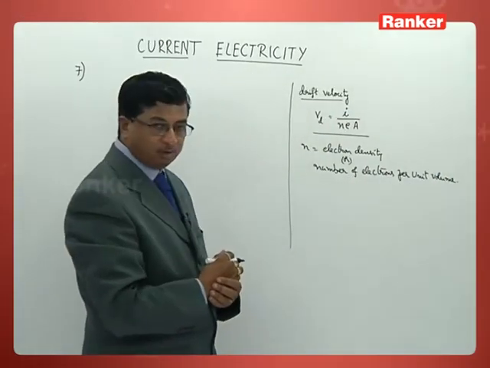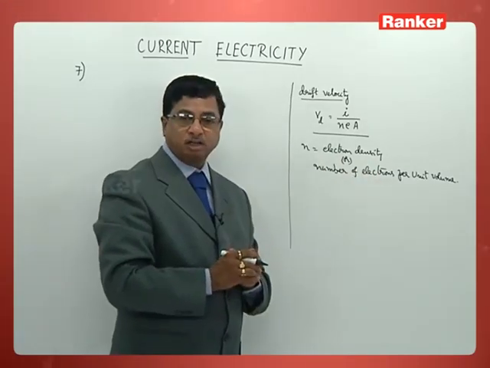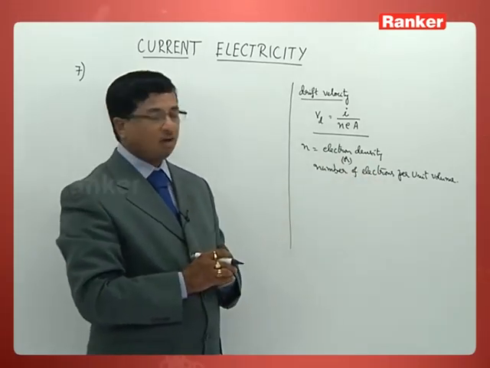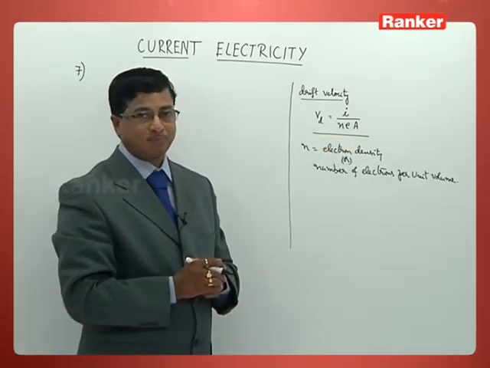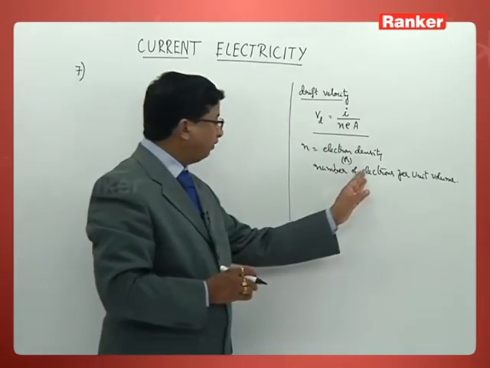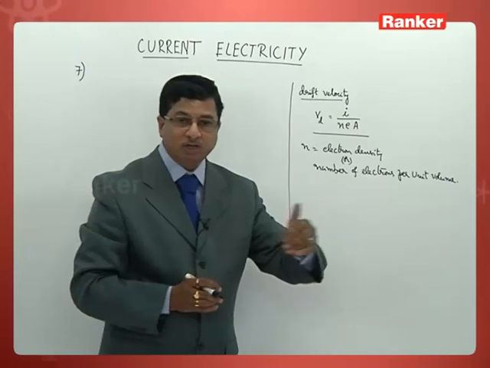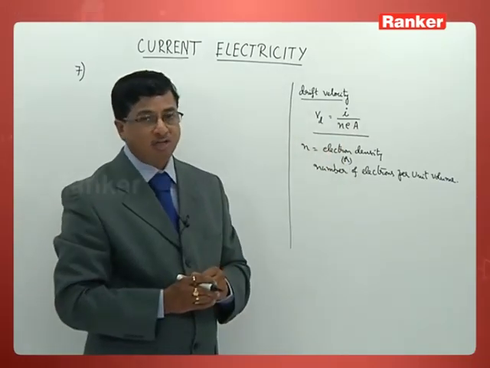Number of electrons per unit volume of the conductor. This itself we otherwise call the concentration of electrons also. So electron density you can call it, or number of electrons per unit volume you can call it, or electron concentration you can call it.